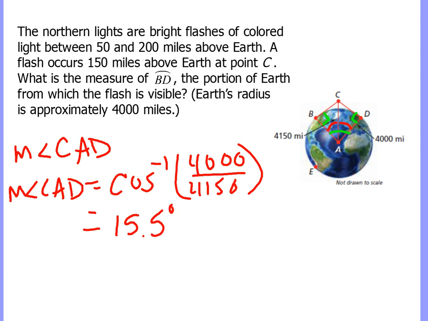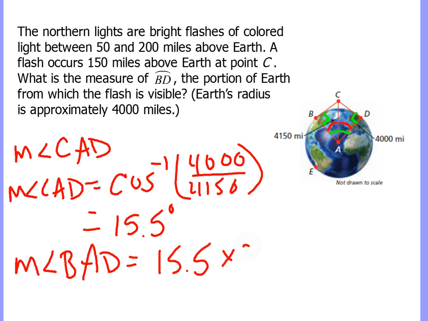And all we did there was take 4,000 divided by 4,150, hit second cosine in our calculator, or if we're using a graphing calculator, you can just do second cosine and put 4,000 over 4,150 all in one. That means that the measure of angle BAD is going to be 15.5 times 2, or roughly about 31 degrees.